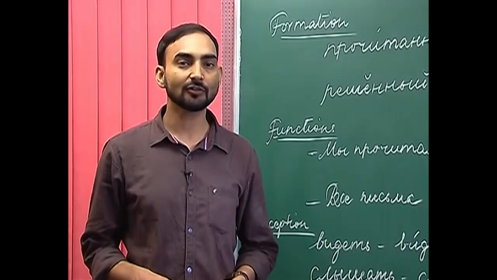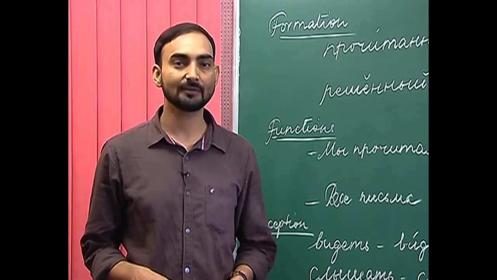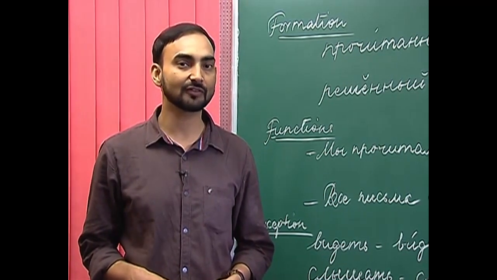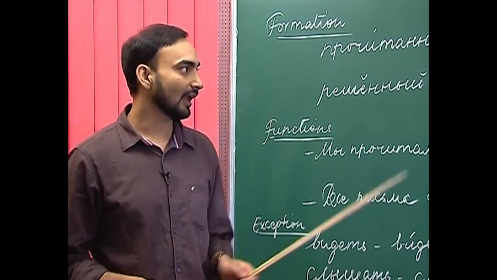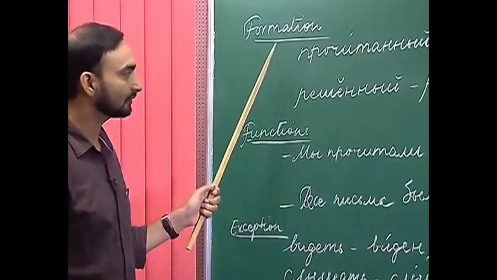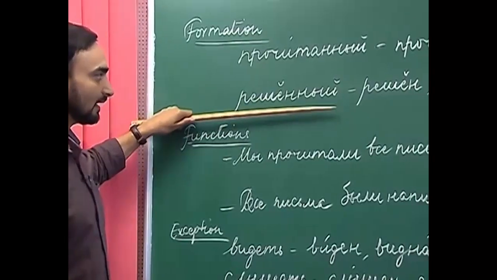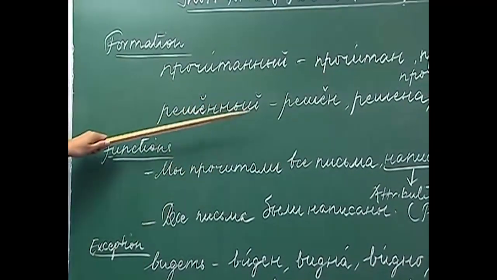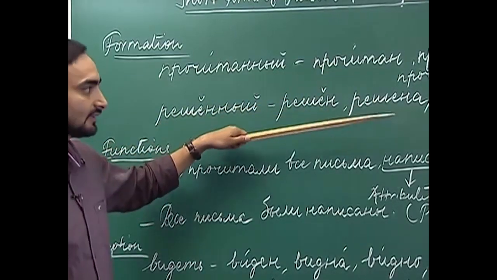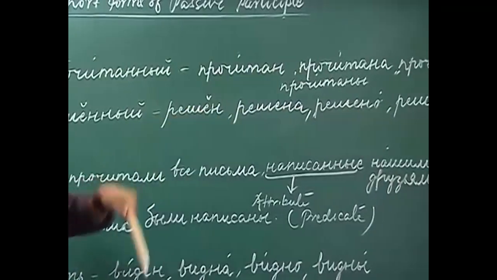We were talking about the formation and stress on the short form of passive participles. So, where do we put stress? In the short form of passive participles, and during the course of discussion I have told you that if the passive participle has the ending yoni, then the stress changes in the short forms of the passive participle.